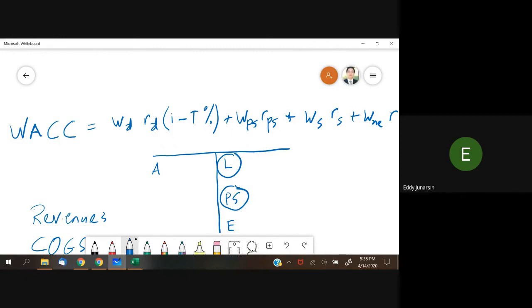So you feel safer. Because the position of a creditor is safer, the creditor will ask for less. Naturally, a creditor will ask for less. And to the company, of course, the cost of debt will be lower than the cost of preferred stock.